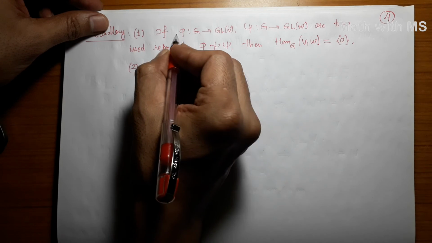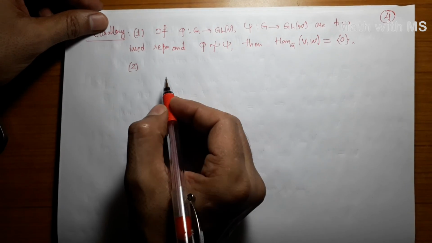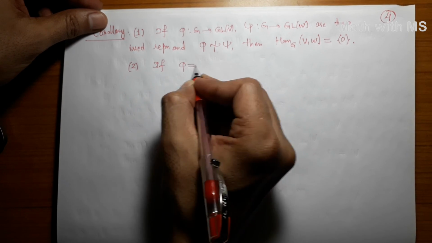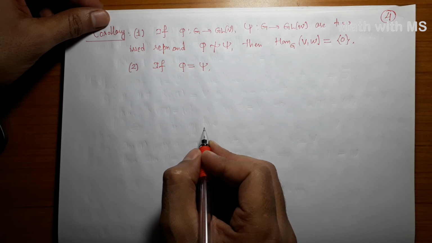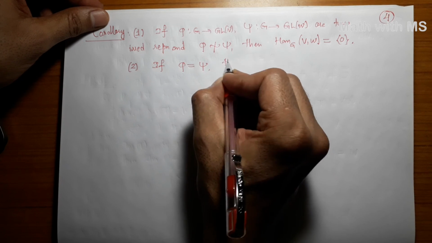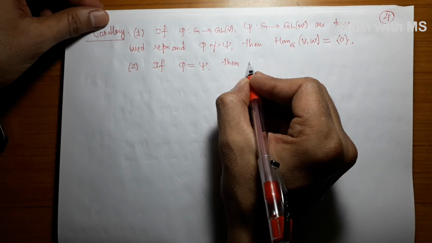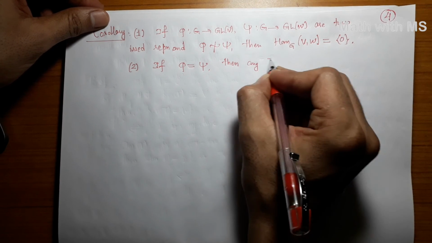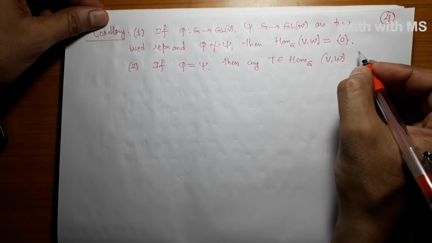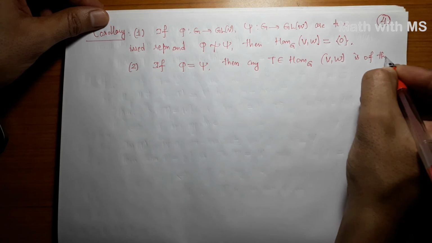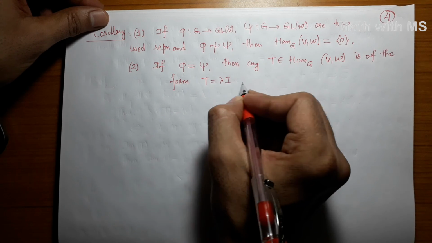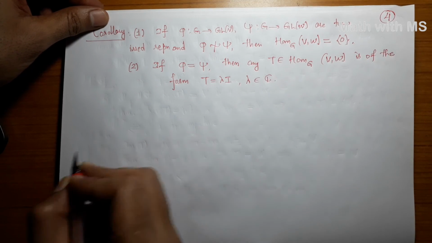And second, again phi and psi are two irreducible representations, and if phi and psi are the same representation, then any T belonging to Hom_G(V,W) is of the form T equals lambda times identity, where lambda is a complex number.